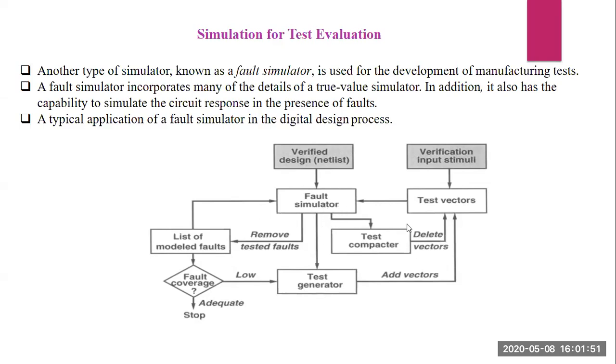And when we come to the fault simulator, if there are any additional test vectors or test patterns to be generated, tests to be generated. This is a process which represents fault simulation.